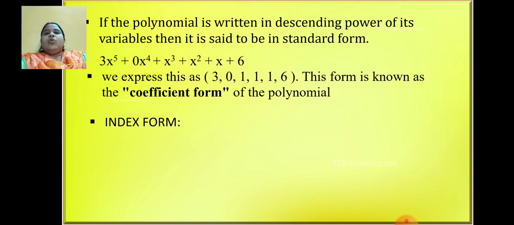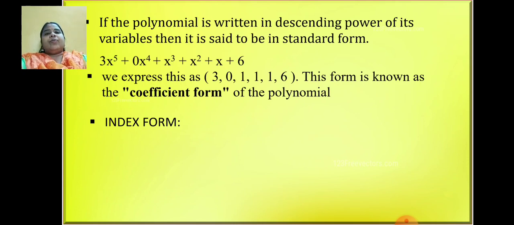So when I want to write this in coefficient form, what will I do? I will just collect the coefficients of the variables: 3 here, 0 here, 1, 1, 1 and 6. So 3, 0, 1, 1, 1 and 6 is in this form. It is called the coefficient form of the polynomial.